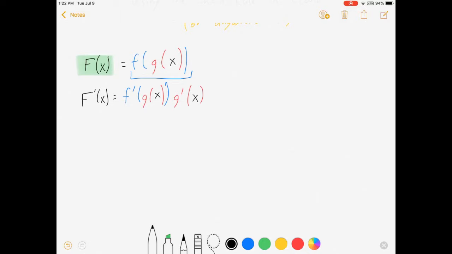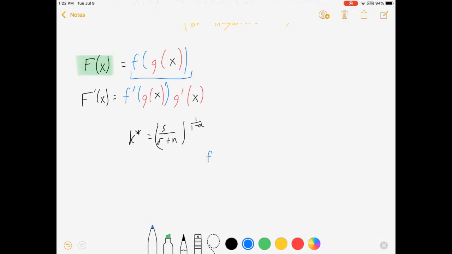In my steady state macroecon example, I had some k star, which was equal to s over delta plus n to the 1 over 1 minus alpha. So if I were to look at this, I could say, what are the two functions here?